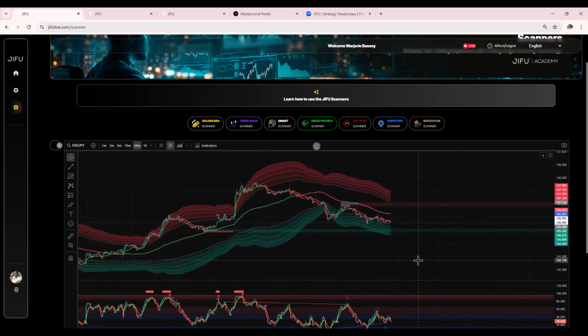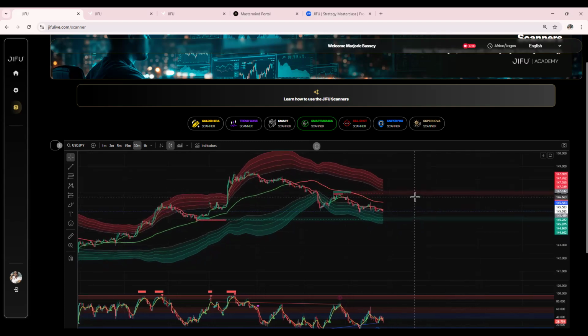And then another thing that you also need to know is that built into this scanner, you can see who is in charge of the market. You see this already on the kill short scanner, but here you see the liquidity zones in the market. Now, please pay attention to this.